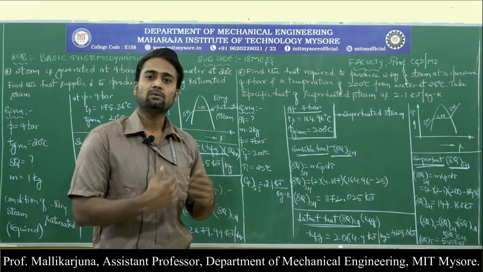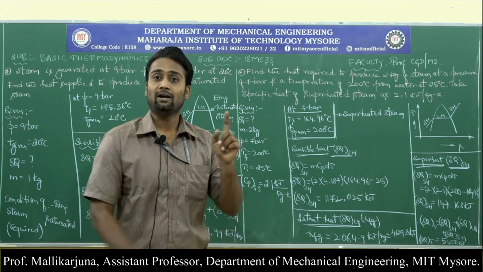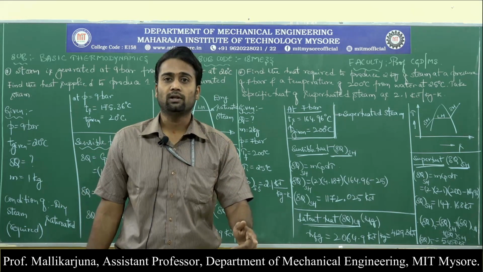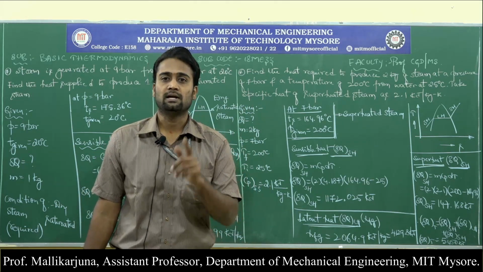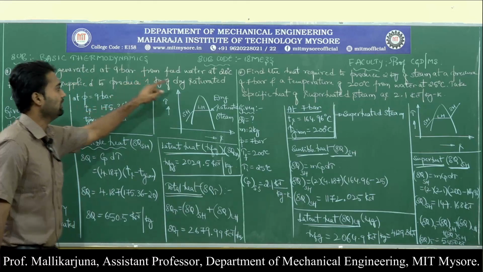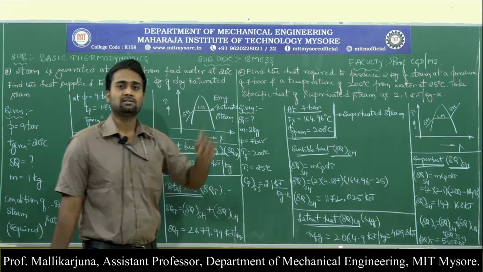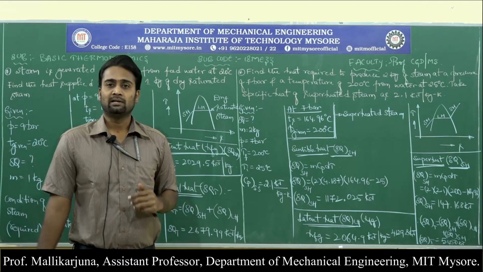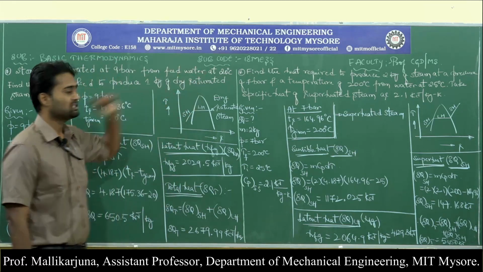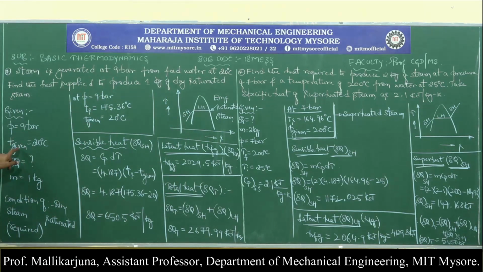To the boiler we need to supply the water. That water which we are supplying to the boiler to generate the steam is called feed water. That feed water is at 20 degrees Celsius when it is supplied to the boiler. So the initial temperature of the water is 20 degrees Celsius, that is, T given is 20 degrees Celsius.